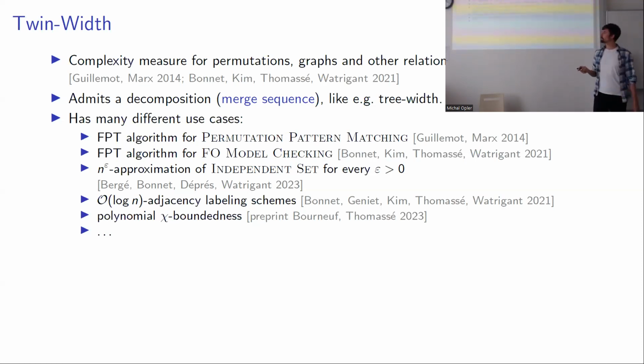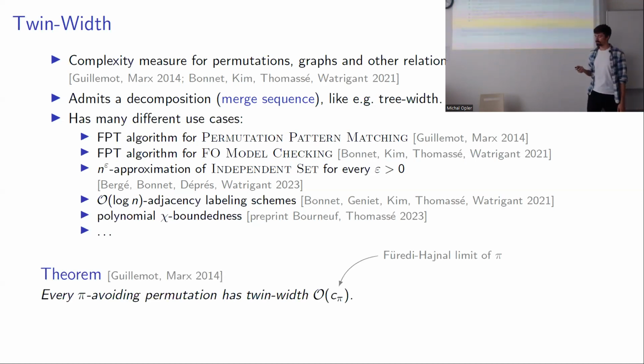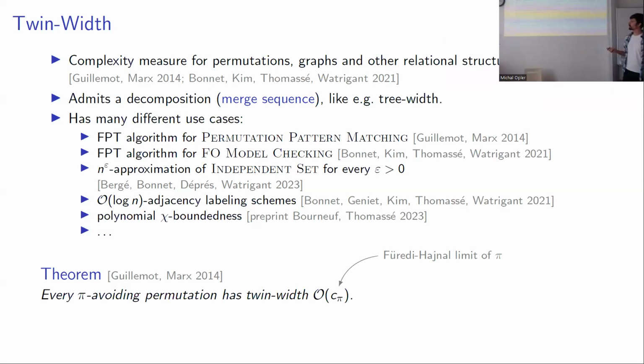But for us, one thing is most important, and that's that permutations being pattern-avoiding and having bounded twin-width is in fact equivalent. That was actually proved by Guillemot and Marx: every pi-avoiding permutation has constant twin-width, where the constant is clearly the Stanley-Wilf limit of pi.